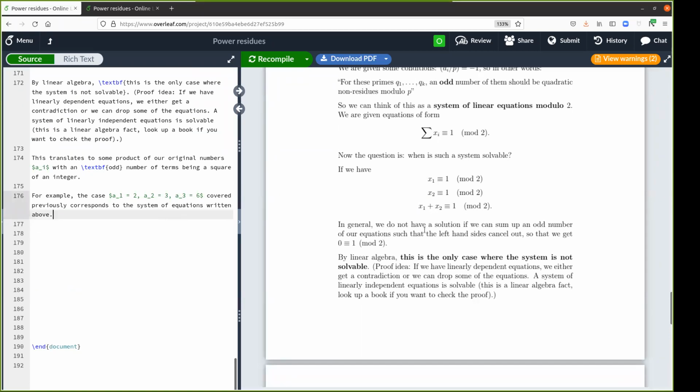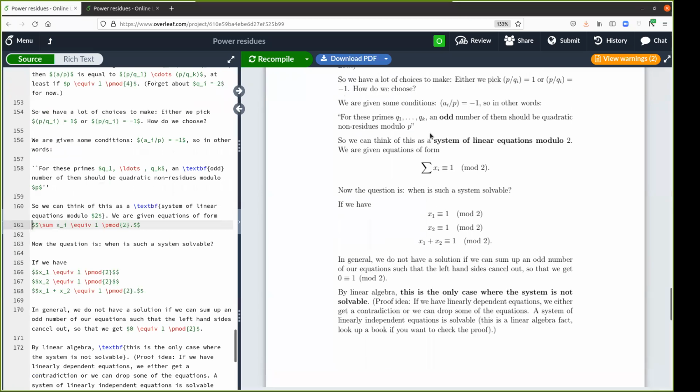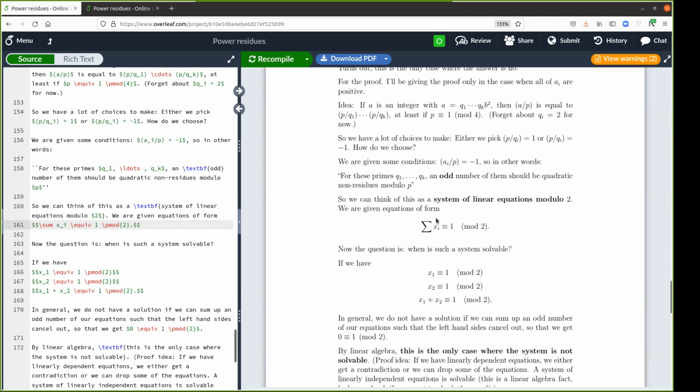Then the equations of the form sum of xi is 1 modulo 2 basically tell us that we have some integer a for which, when we take the largest square divisor of a out, the prime factorization of a contains those primes and those primes only.